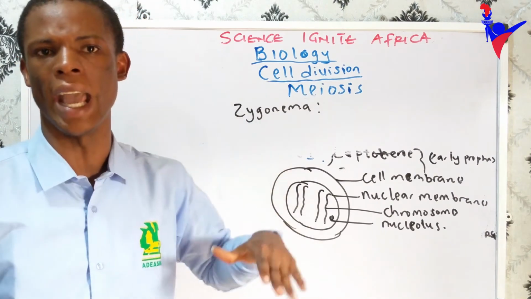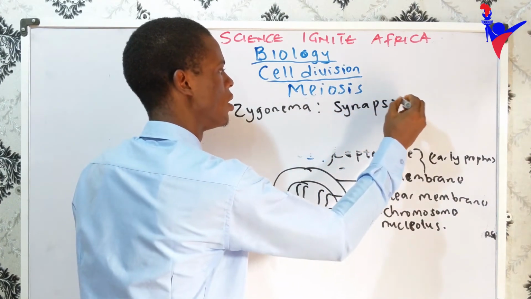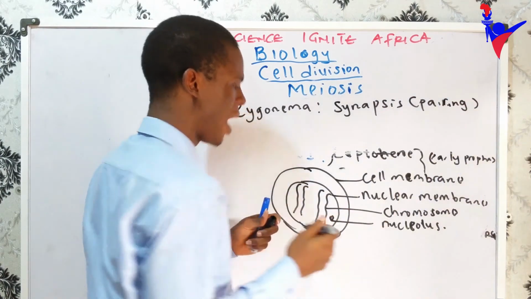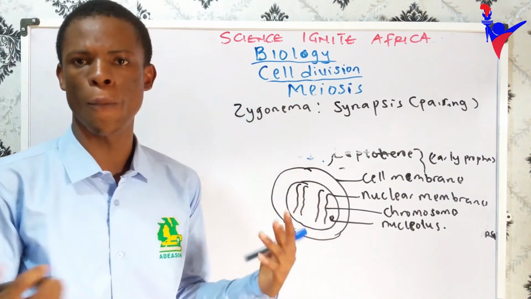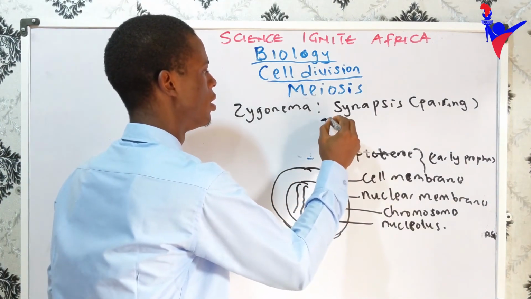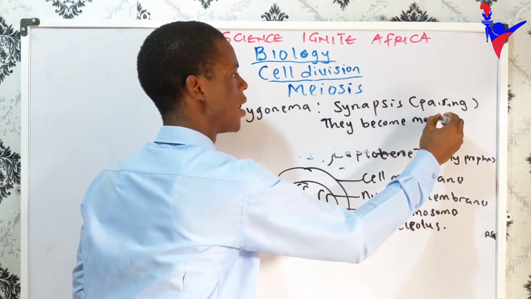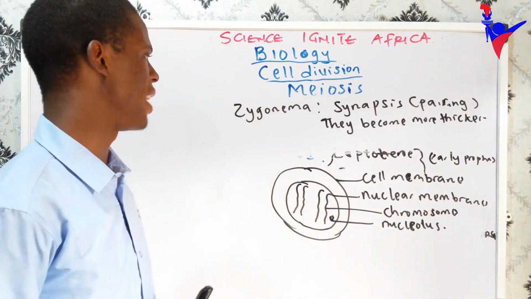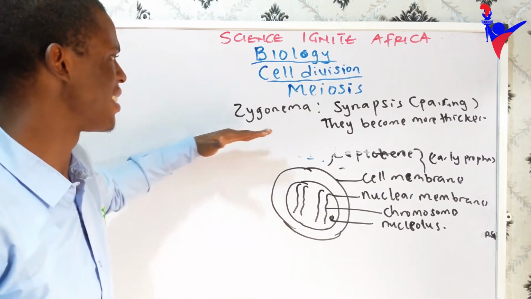But the synapsis here, which is on the board, is what we know as pairing up. So synapsis is characterized in the zygonema stage, and we have pairing of the chromosomes, and they become thicker and visible when they are observed under the microscope. So this is the zygonema stage.